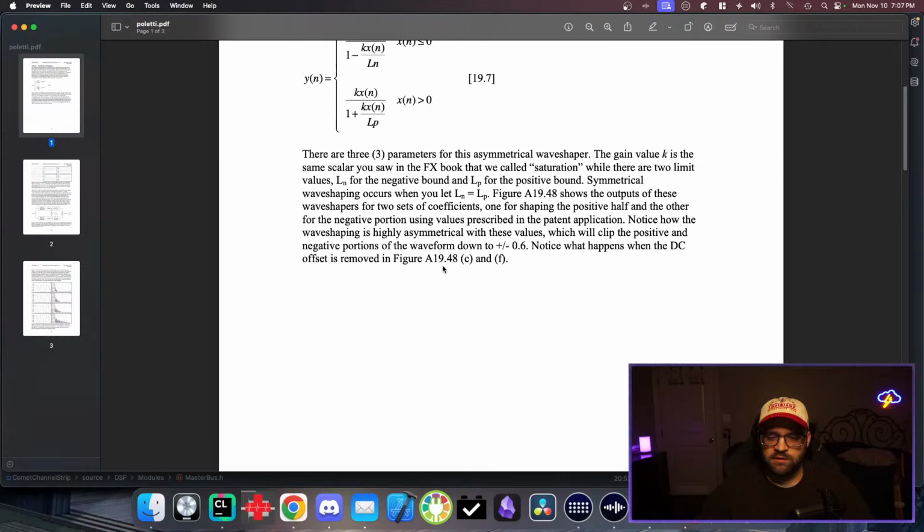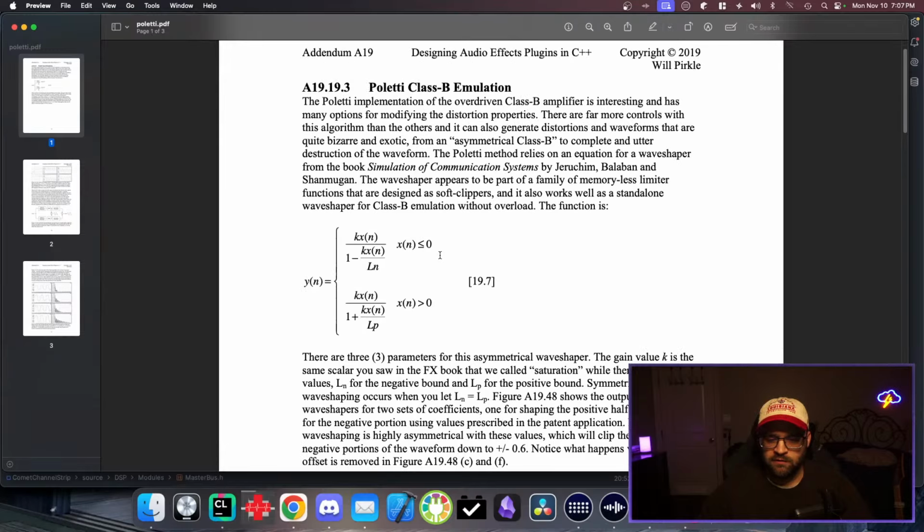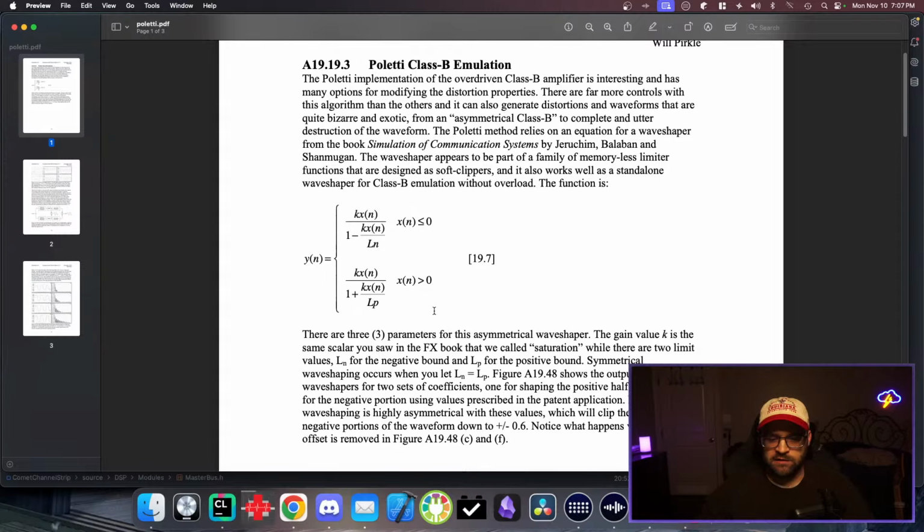Now, we can do this a bunch of different ways. I'm going to do it the very straightforward, naive way. I'm just going to have an if statement that says if negative, do this, else do this. And then after we implement this, I'll show you a way to eliminate the if branches.